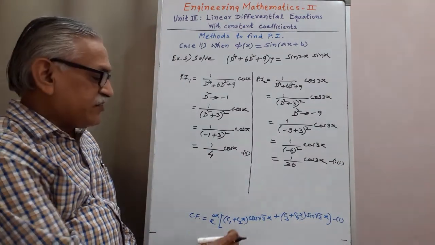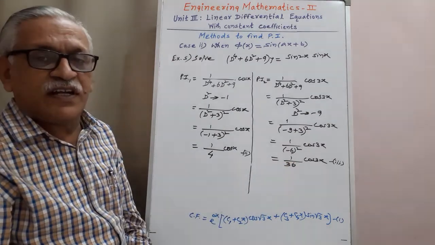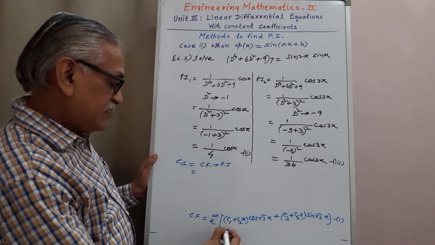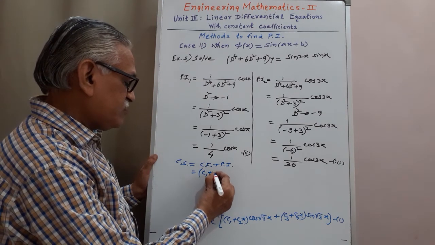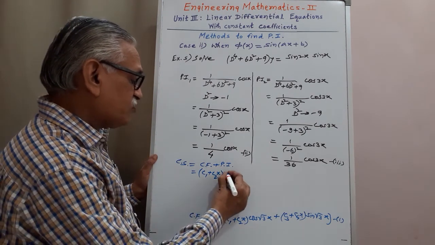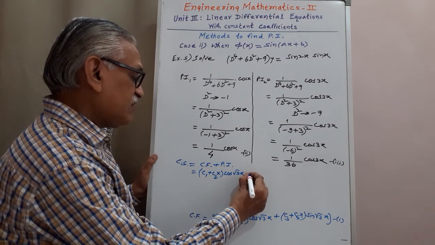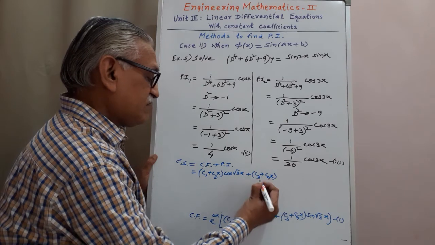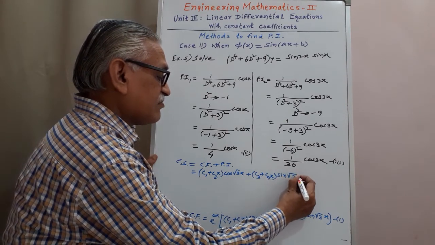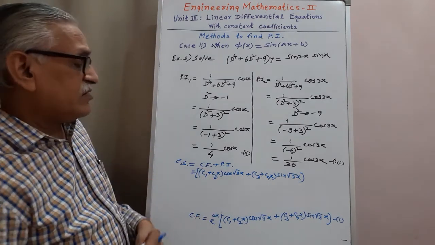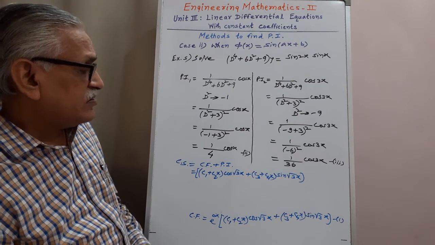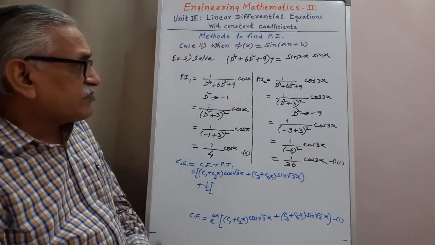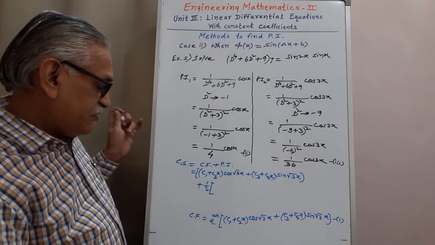And then if we take the addition of this CF, PI1 and PI2, we get the required complete solution, and therefore complete solution is C1 plus C2x into cos of root 3x plus C3 plus C4x into sine of root 3x plus 1 by 2 times PI1 minus PI2.